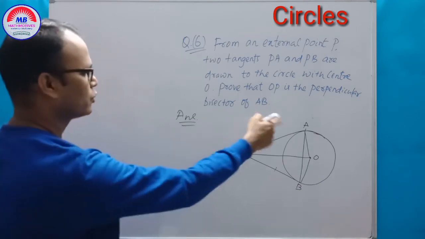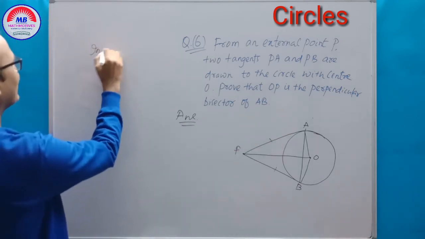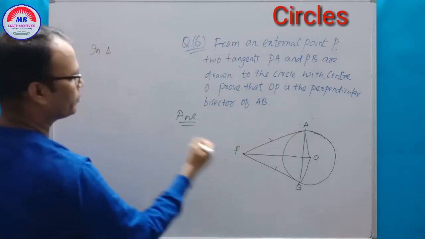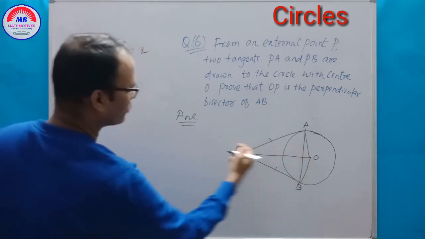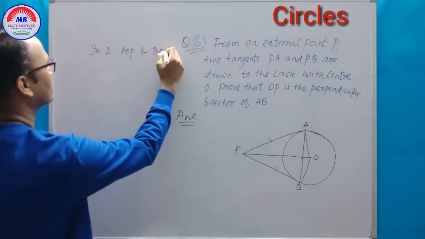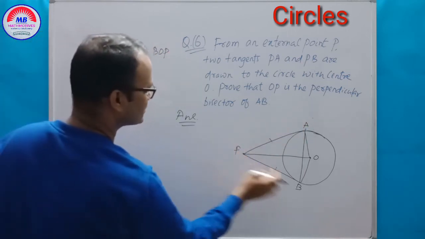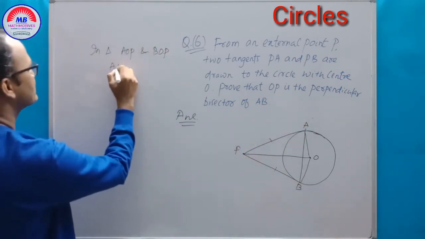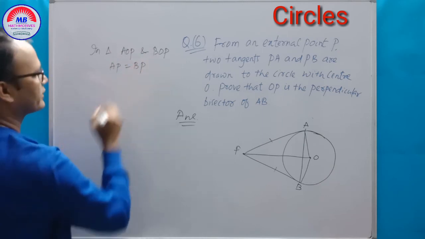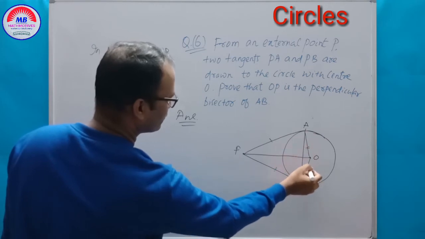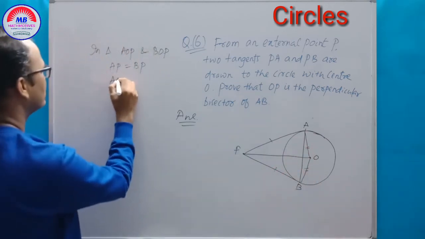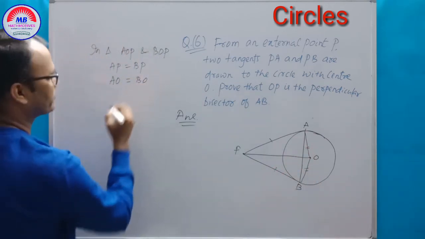Now you join this. Two triangles form. In triangle AOP and BOP, you see, first AP is equal to BP, tangents. Then AO is equal to BO, radii.